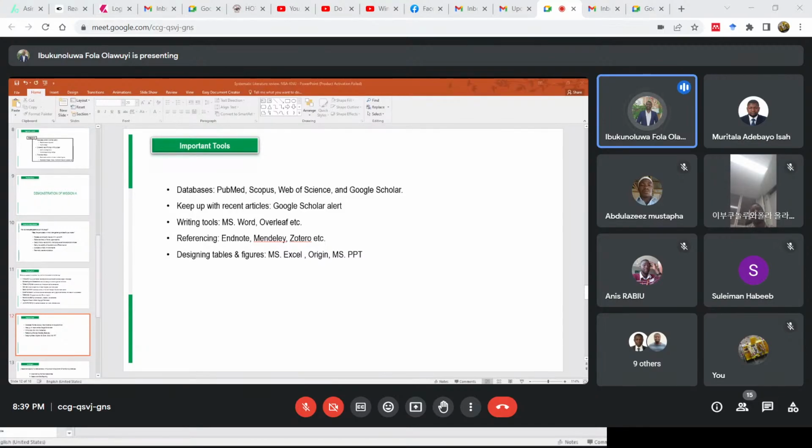You need to have a targeted journal quality in mind. If you want to submit your review paper in a very high impact factor journal, then you must source papers that have similar impact factors, so that your bibliography will be of high quality papers.